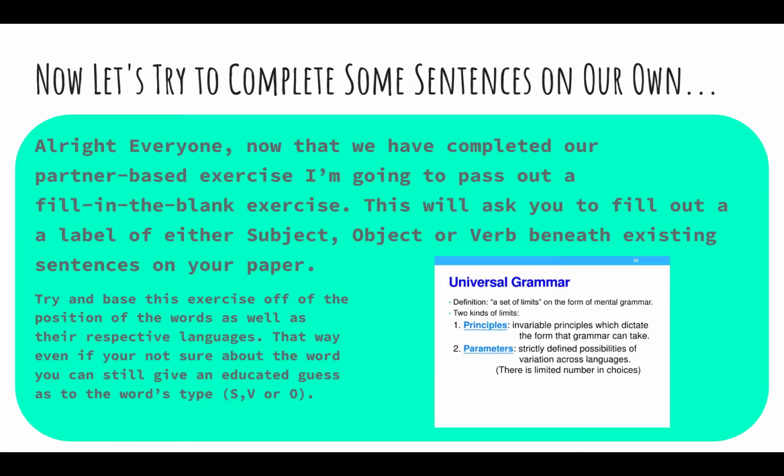We're going to try and base this exercise off of the position of the words as well as their respective languages. Even if you're not sure about that word, you can still give an educated guess as to the word's type, subject, verb, or object using those pattern recognition skills. And as a result, that's going to help you learn language a little bit faster. All right, now let's get started on that one.